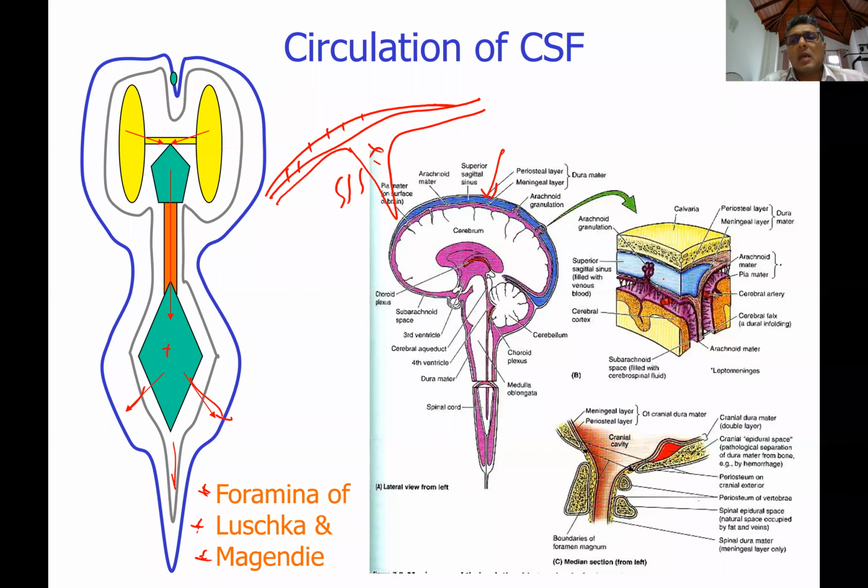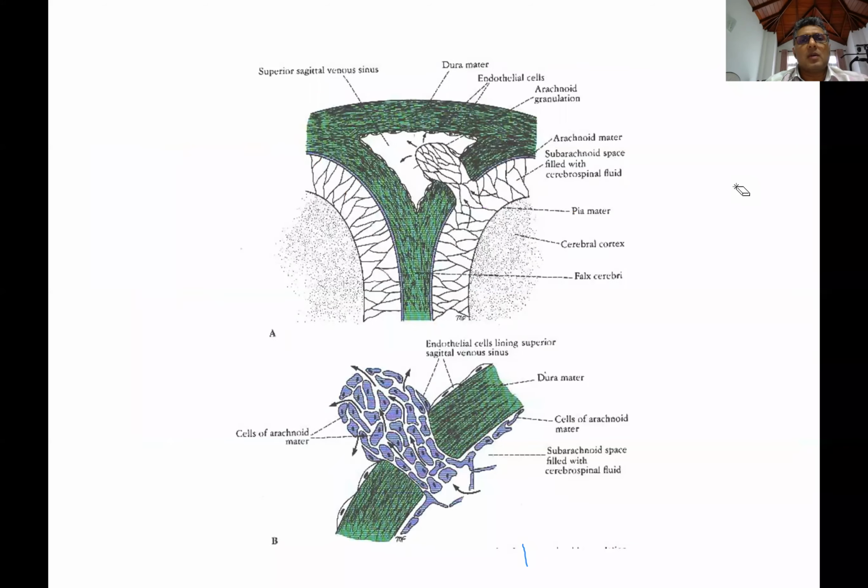So at arachnoid granulations, CSF from the subarachnoid space is absorbed into the dural venous blood in the dural venous sinuses, directly into the venous system, like lymph getting back into the bloodstream at the root of the neck. So how the arachnoid granulations are formed, you can imagine.